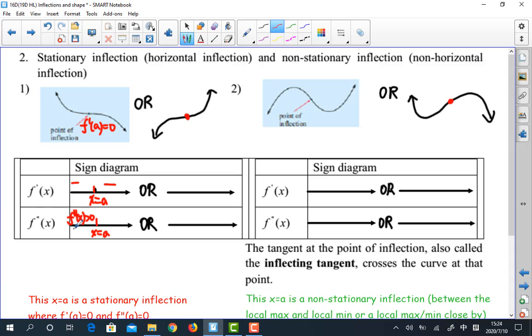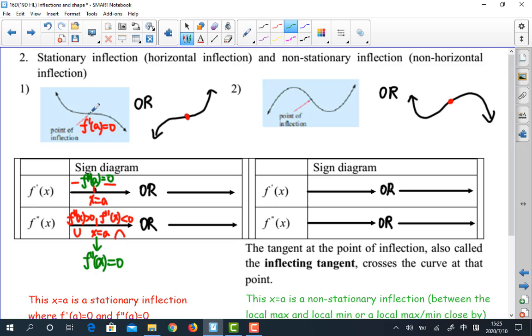On the right side of x equals a, concave down, the second derivative should be less than 0. From the second derivative greater than 0 to the second derivative less than 0, this suggests the second derivative at this point a is 0 as well.